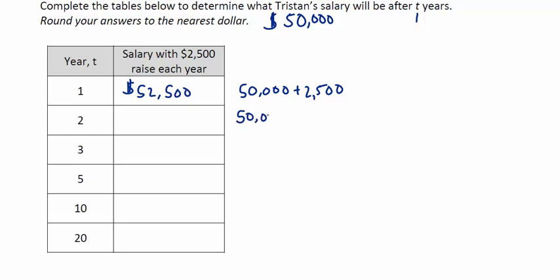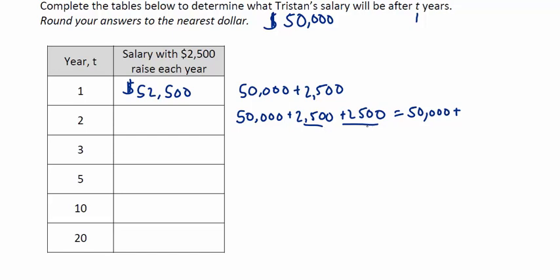So let me illustrate this a different way. His salary after the second year can be thought of as he started with a salary of $50,000, we added $2,500 to represent his salary after 1 year, but now since we're looking at his salary 2 years after he started, they will give him another raise of $2,500. So this looks like I'm doing more work than needed, but here's the power. Notice that this statement can be written as 50,000 plus, and then repeated addition can be represented by multiplication.